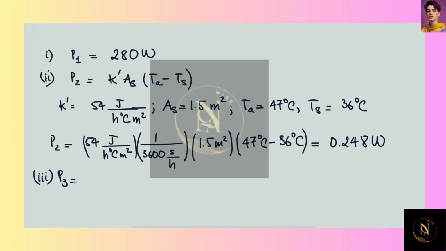So we just take this number multiplied by the area of the skin. P3 would be equal to 1400 watts per meter squared multiplied by 1.5 meter squared, and this is equal to 2.1 times 10 to the third watts.